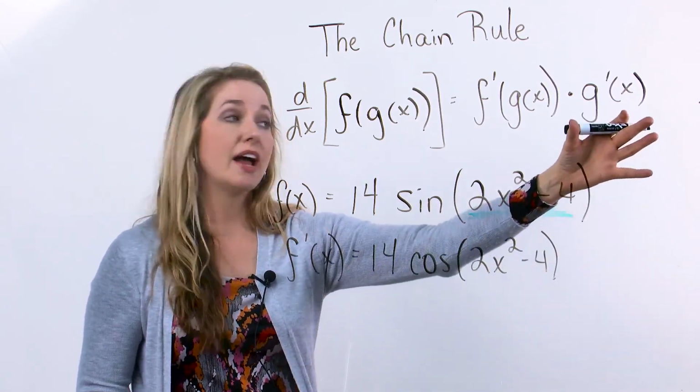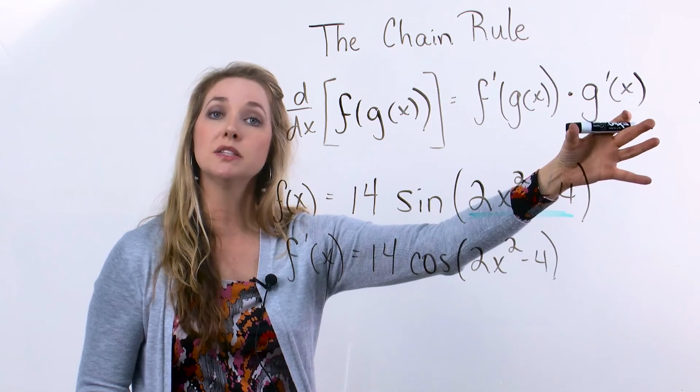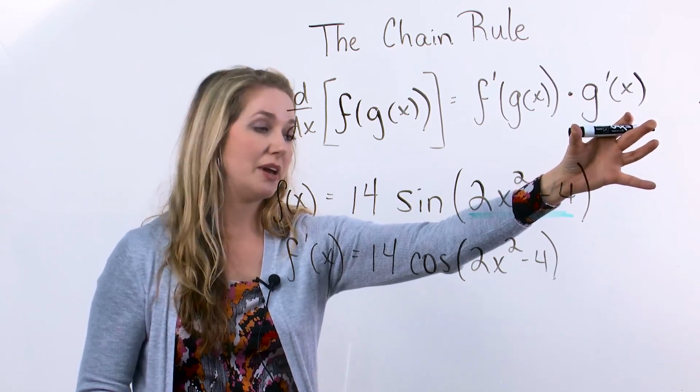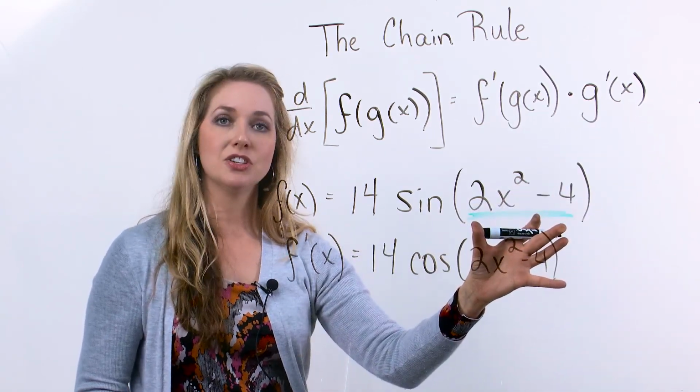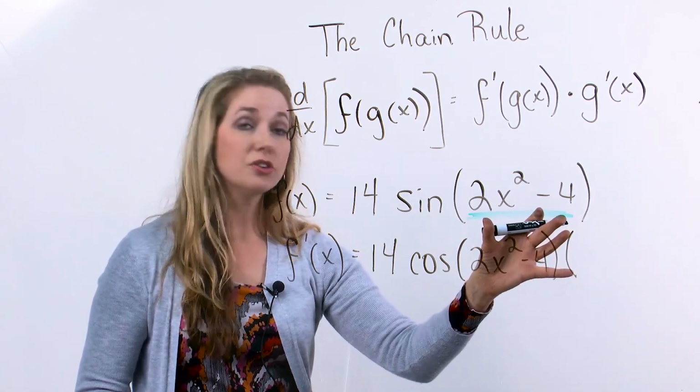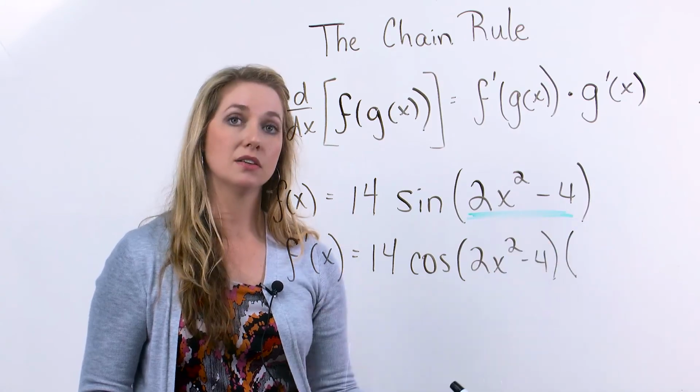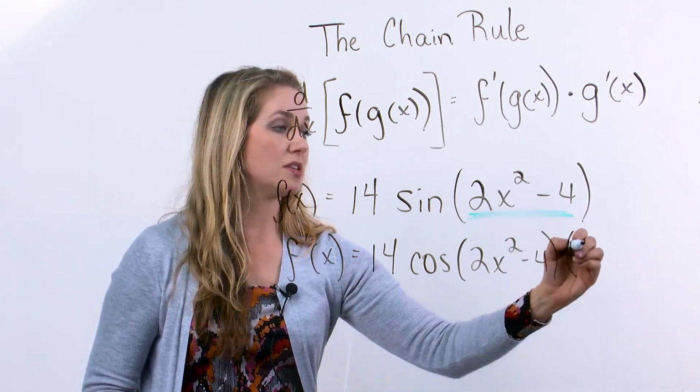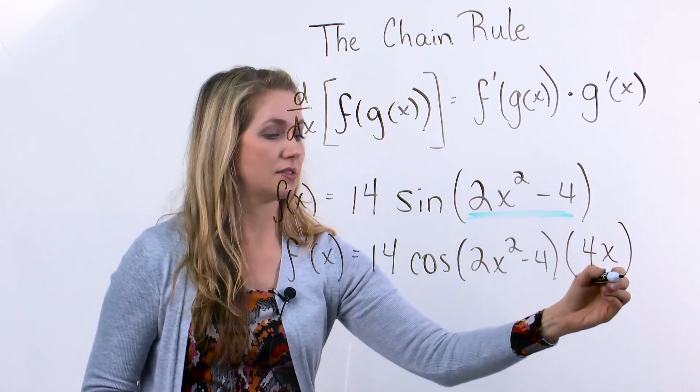The chain rule now kicks in, and it says you need to multiply by the derivative of the embedded function. Since the embedded function was 2x squared minus 4, I'm going to multiply by the derivative of 2x squared minus 4. The derivative of 2x squared minus 4 is 4x.